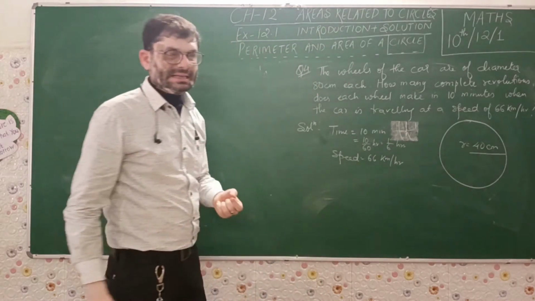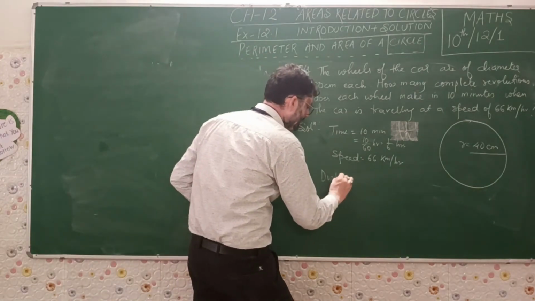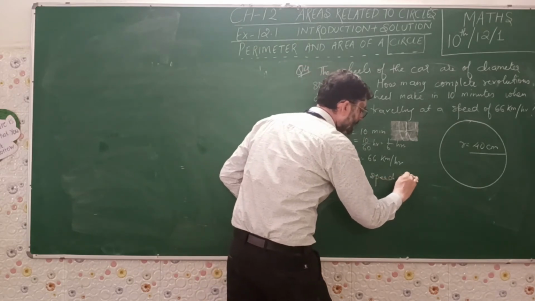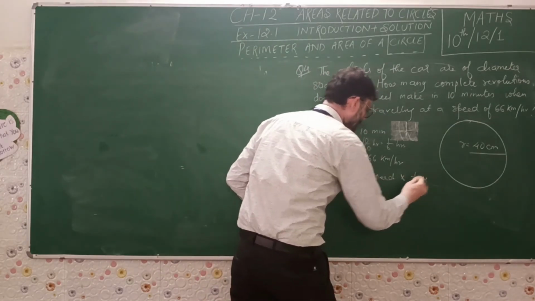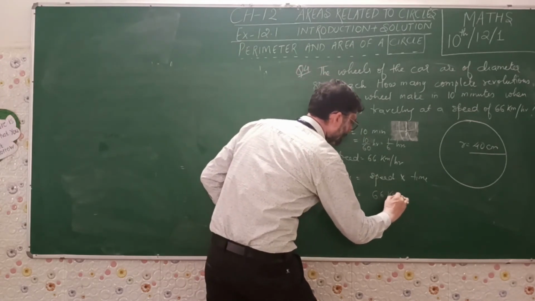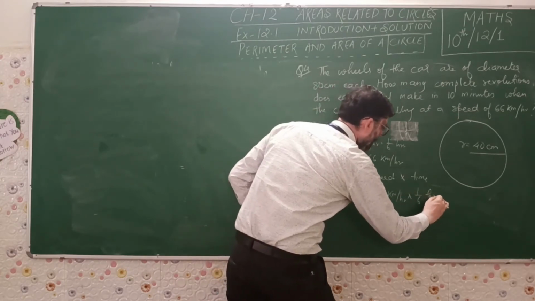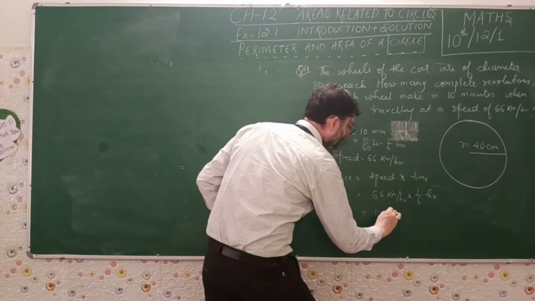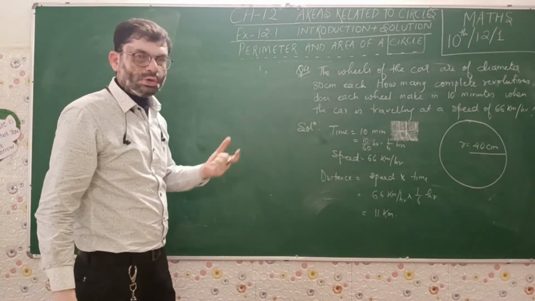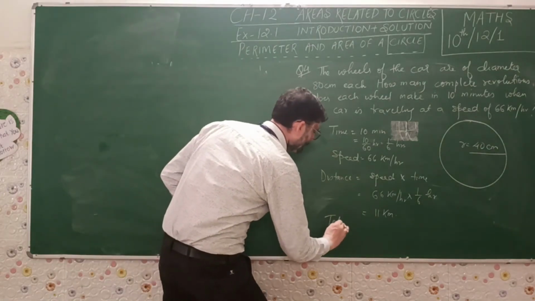We know distance is equal to speed into time. So speed is 66 kilometer per hour into time is 1 by 6 hour. So this will be 11 kilometers. That means total distance traveled by the car is 11 kilometers.